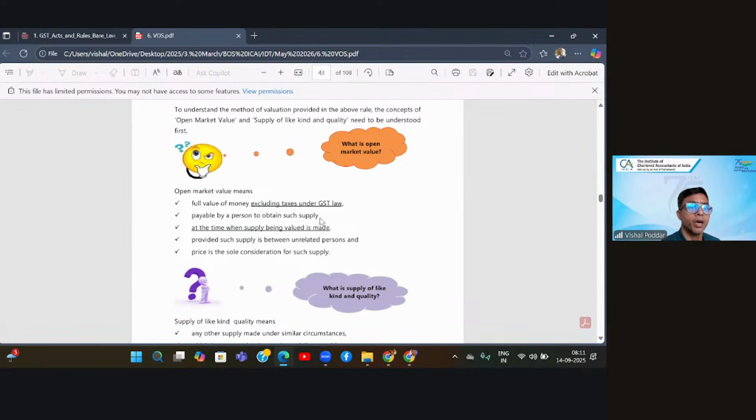It will be different. Open market value will come into play more in the case of goods, where I have standardized goods. Or even in the case of service, if my services are standardized, which means the service I give to the first person is the same as given to the second, the 10th, and the 15th.